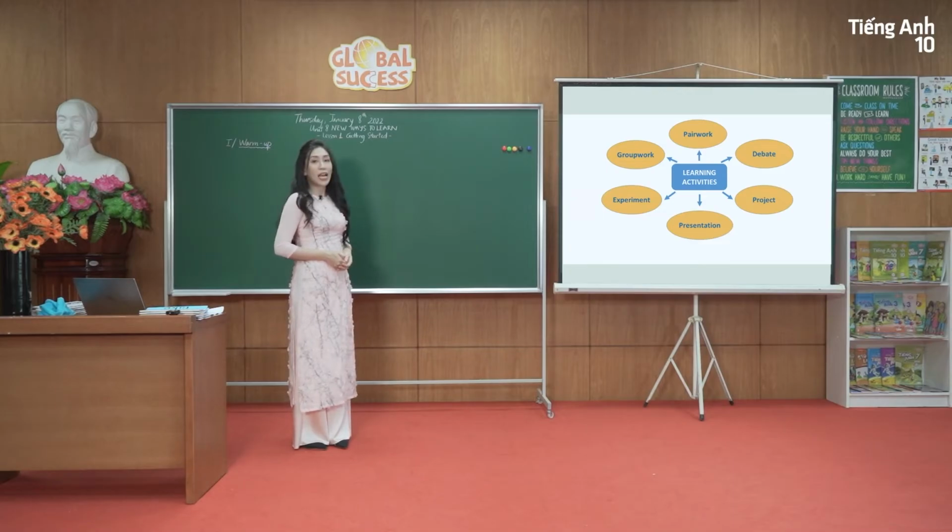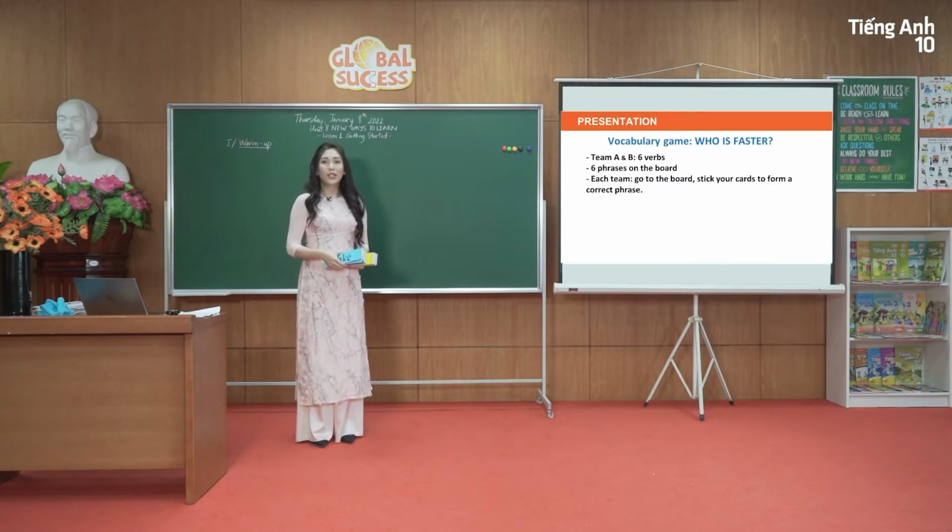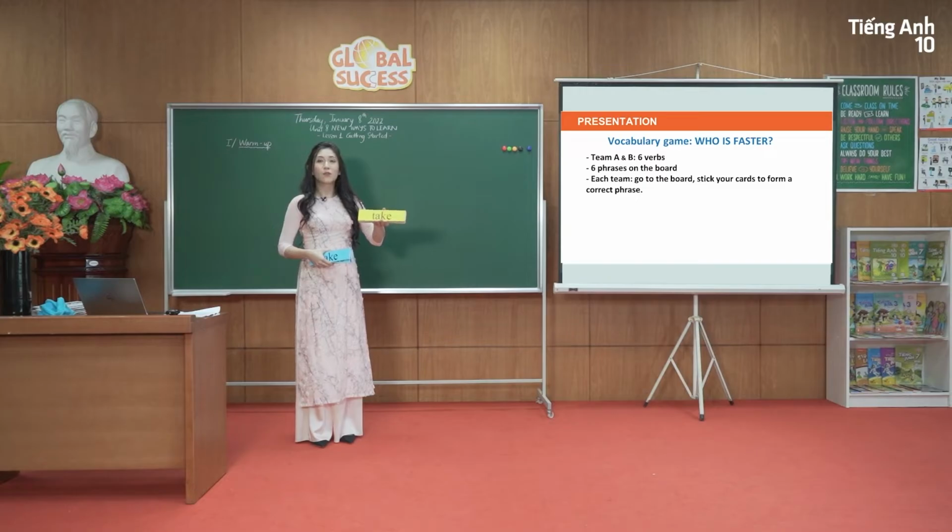They are learning activities. Now we're going to discover some vocabulary that is related to the topic of learning activities. We'll play another game called Who is Faster? I will divide you into two groups, A and B. Group A will have yellow cards, and Group B will have blue cards.